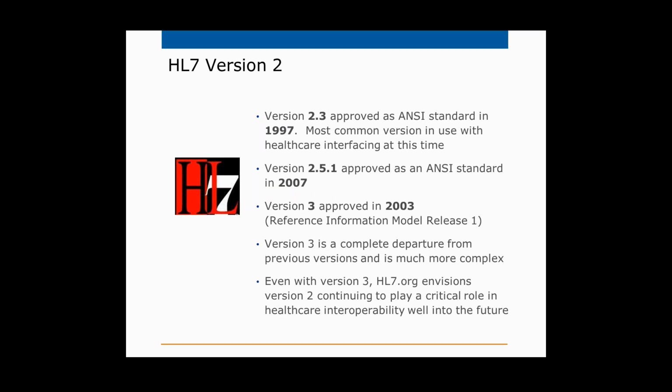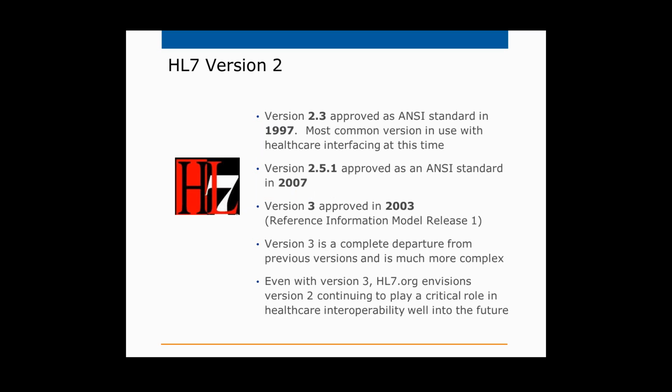It is worth mentioning briefly that HL7 version 3 does also exist. That was approved in 2003. HL7 version 3 is a complete departure from version 2. So even though you have the HL7 version 2 family, and within that family we're talking about version 2.5.1 today, and we'll talk about version 2.3 a little bit as well, we're still in the version 2 family, if you will.